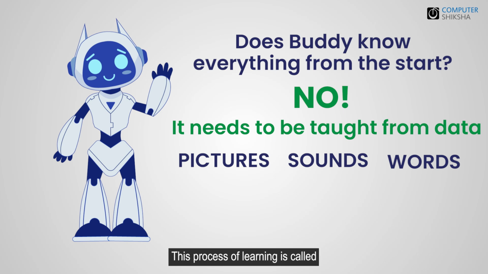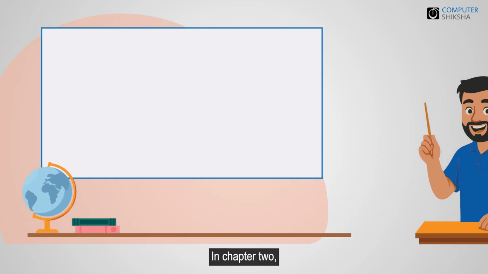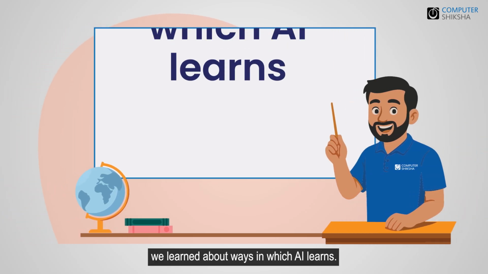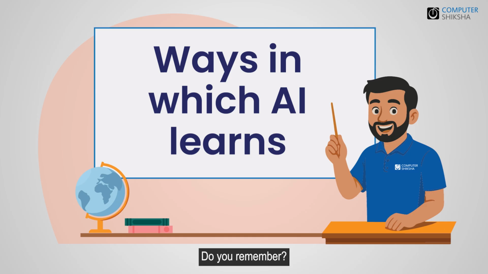This process of learning is called machine learning. In chapter 2, we learnt about ways in which AI learns. Do you remember? Do not worry, let's revise together.